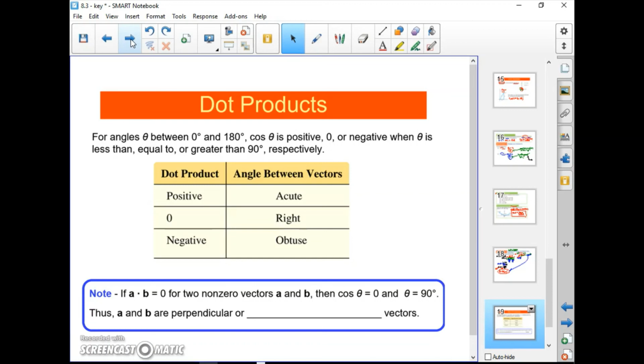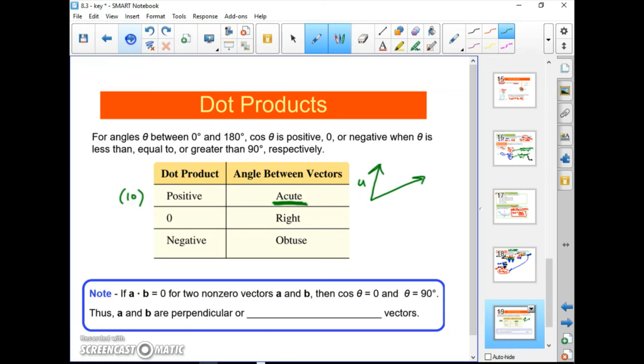So this chart kind of sums it up, and it says if that dot product is positive, like the number we just got, a positive 10, we're talking about an acute angle between the vectors. And what I mean by that is, here's vector u, and here's vector v. This angle right here in between them is an acute angle.